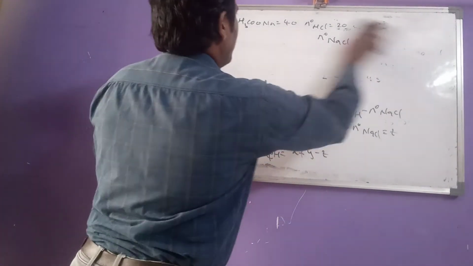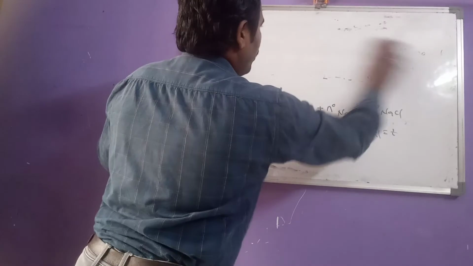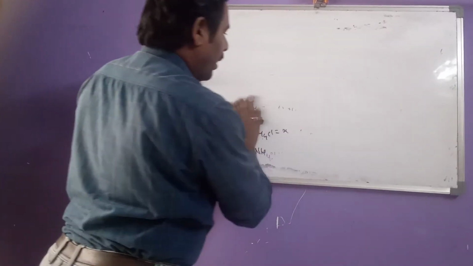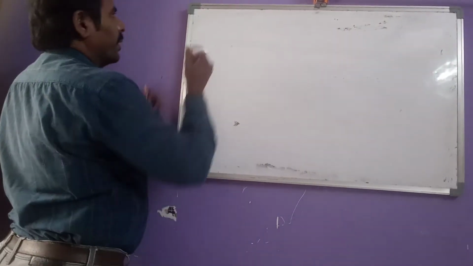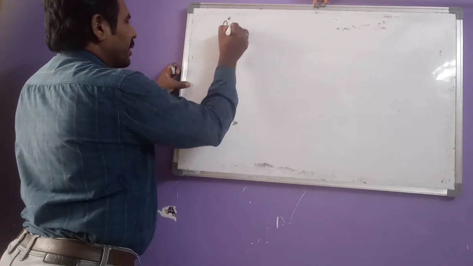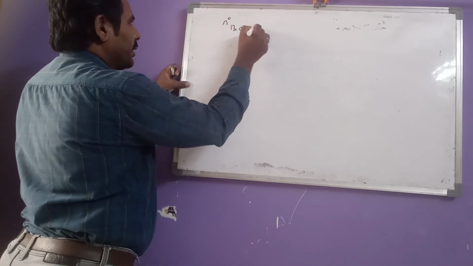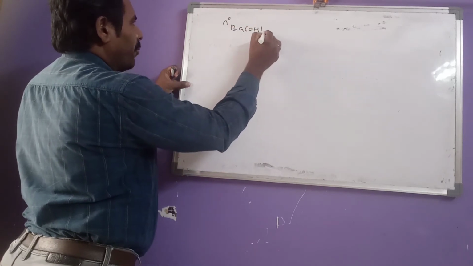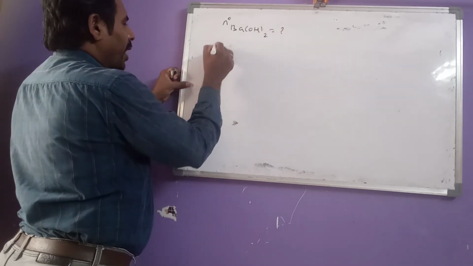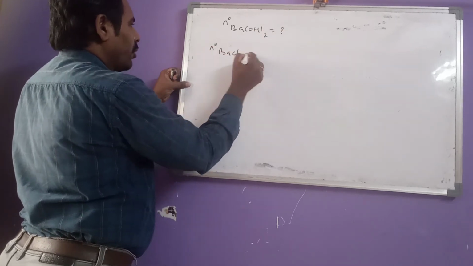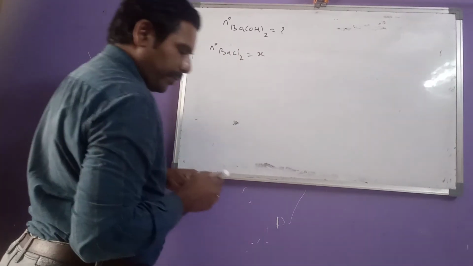For example, we need to calculate Λ naught value of barium hydroxide. What they will give, see here. Our task is calculation of Λ naught of Ba(OH)2. They give Λ naught BaCl2 value X.